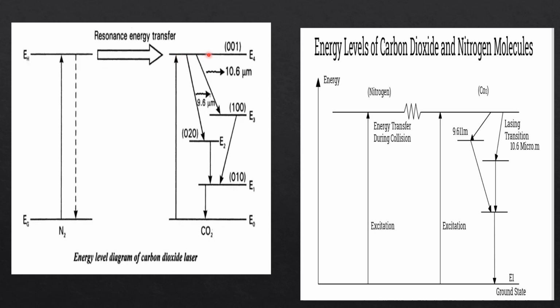And once population inversion is achieved in this energy level, the transition takes place between the metastable state and the lower energy states, where the laser will be emitted. So in this kind of carbon dioxide laser, electrical discharge followed by inelastic atom-atom collision takes place.